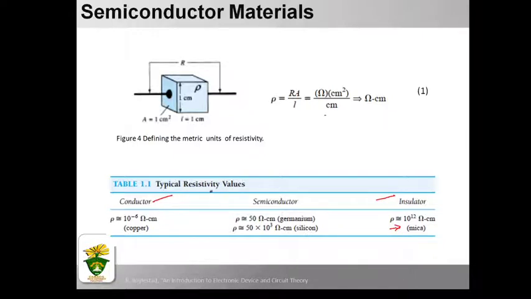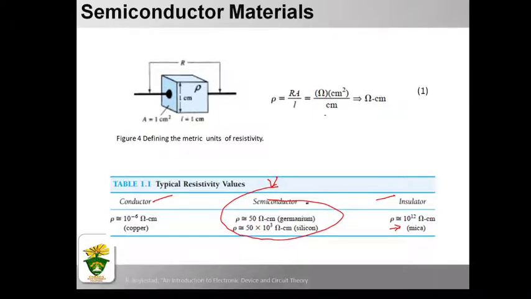That is a huge difference between the conductor and insulator with respect to resistivity. Also observe the semiconductor. It has in-between values. The resistivity of germanium is 50 ohm centimeter, while the resistivity of silicon is 50 times 10 to the power of 3 ohm centimeter.